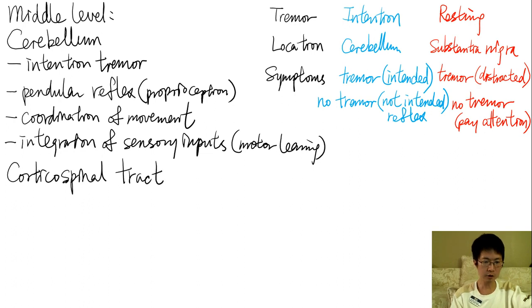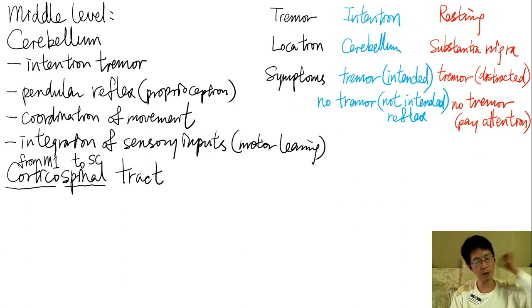Cortical means your cortex, spinal means your spinal cord. That means it is from which cortex? Take a guess. From M1 to your spinal cord.